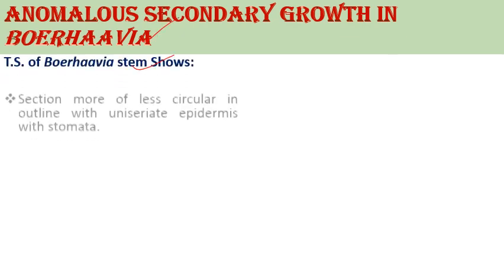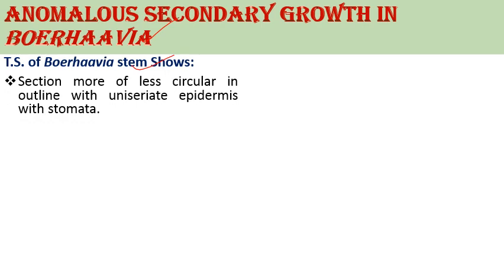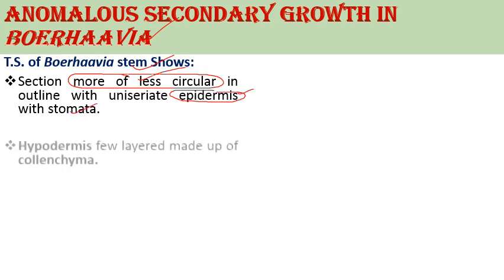Next we will discuss anomalous secondary growth in Boerhaavia stem in detail. So what TS of Boerhaavia stem shows, if we talk about its section, it is more or less circular in its outline. Outline में ये circular जैसा दिखता है with unicellular epidermis. It means it is made up of single cell thick epidermis, और उसमें कुछ stomata भी present होते हैं.